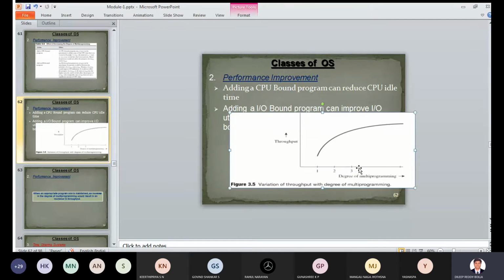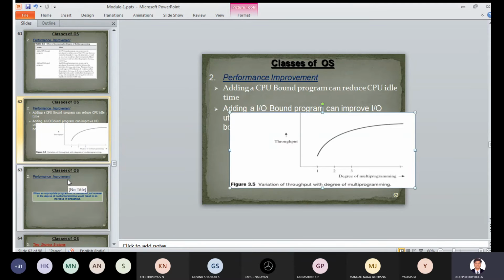As the number of programs executed increases, the degree of multi-programming increases, and the throughput of the system also increases.